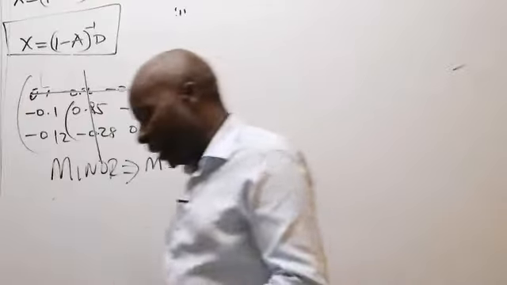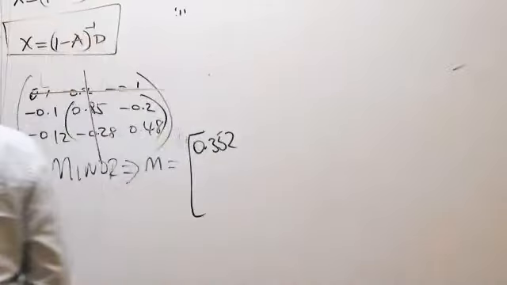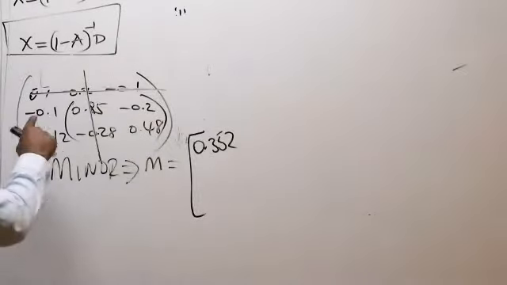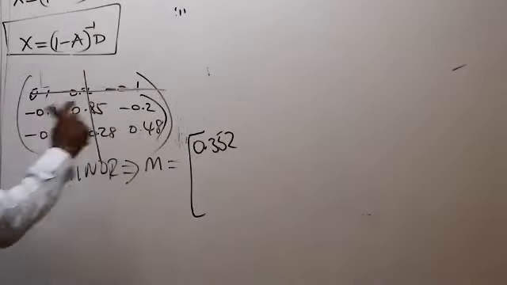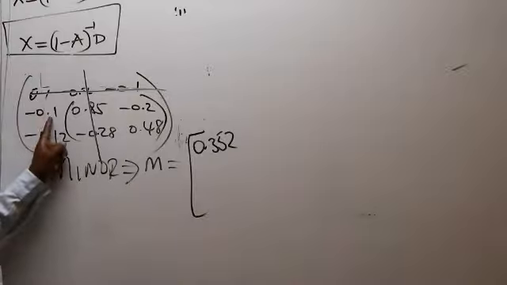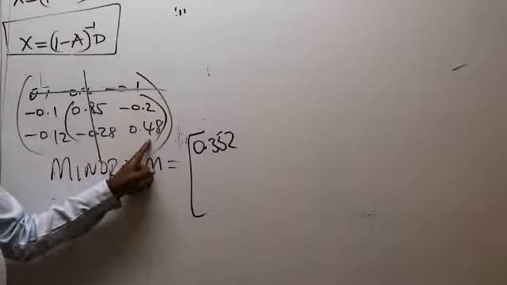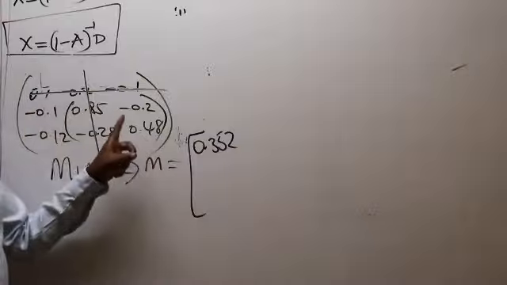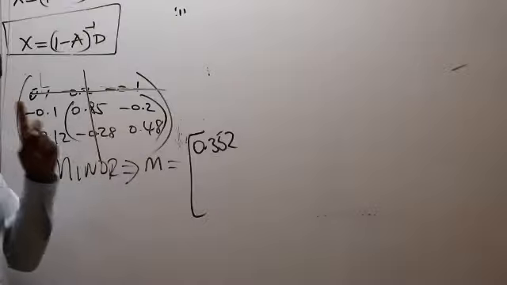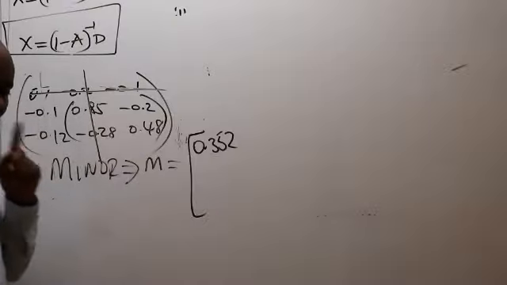So I need to identify the 4 uncovered elements. I have this and this, primary. Remember primary first. So the primary here should be minus 0.1 times 0.48. And then I say minus, always open brackets for the secondary.